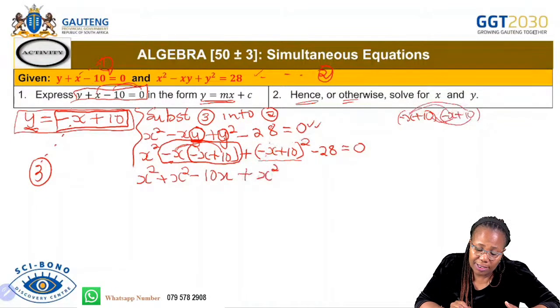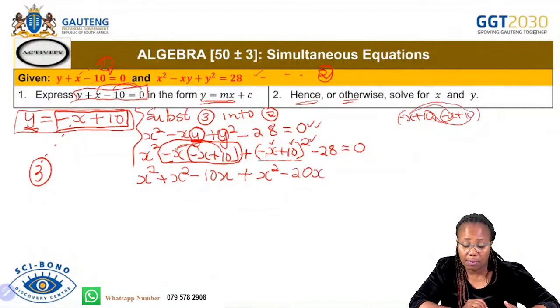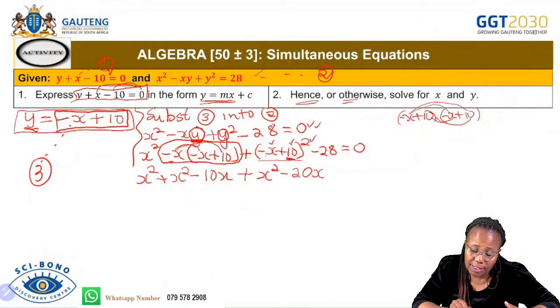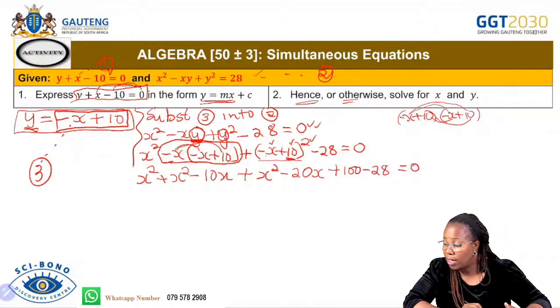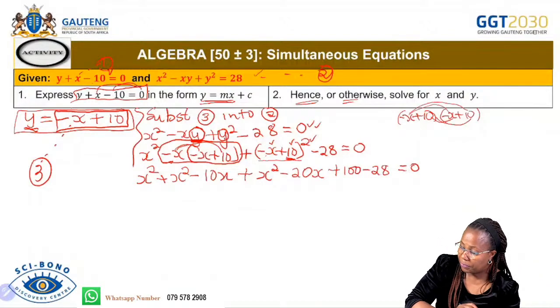Okay, minus x times 10 is minus 10x times 2 minus 20x. That is the middle term. And then we take the last term, 10 squared, that is 100. And then minus 28 equals to a 0, grade 12.